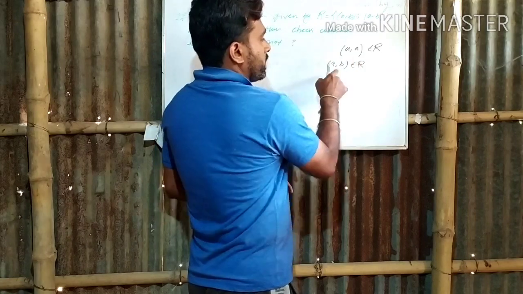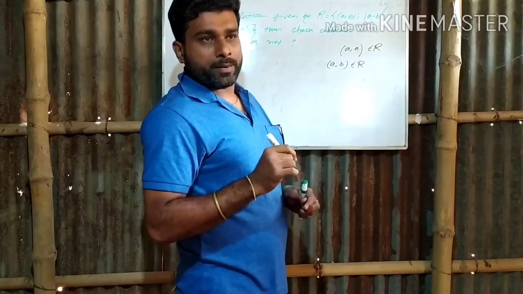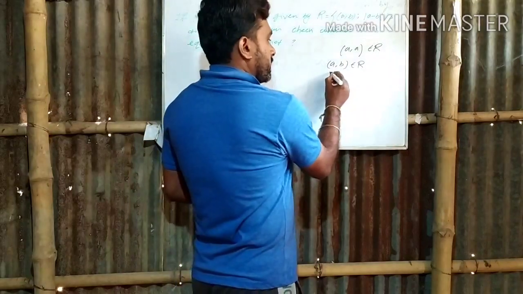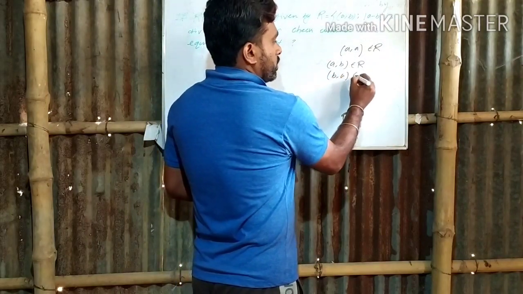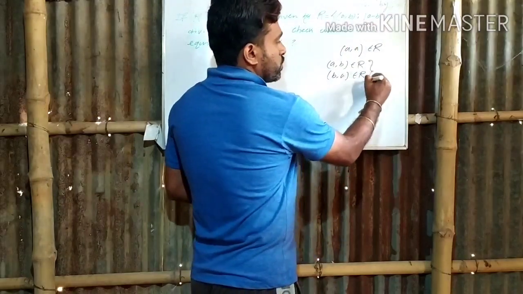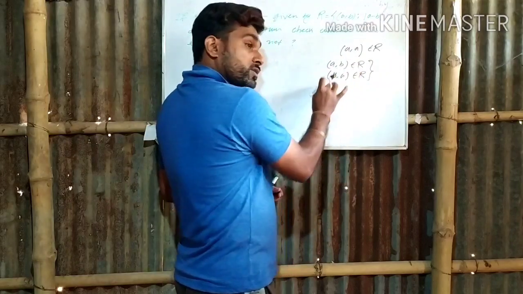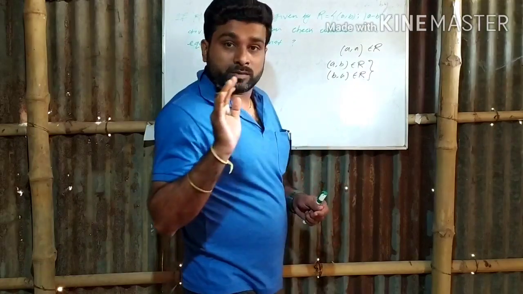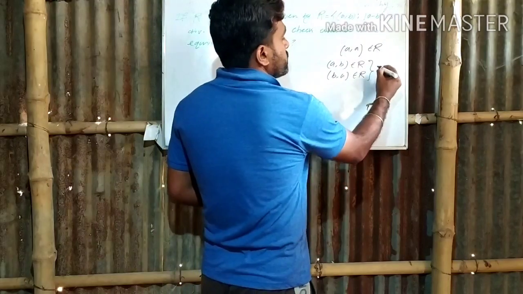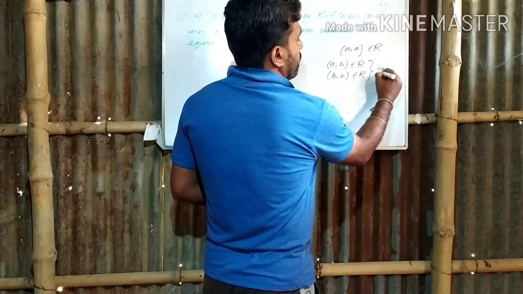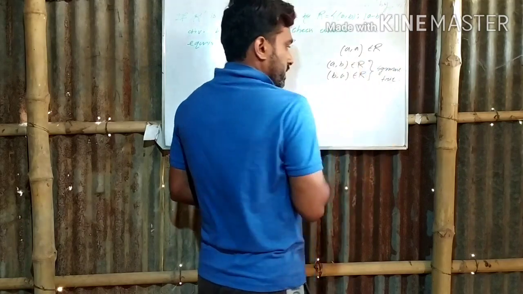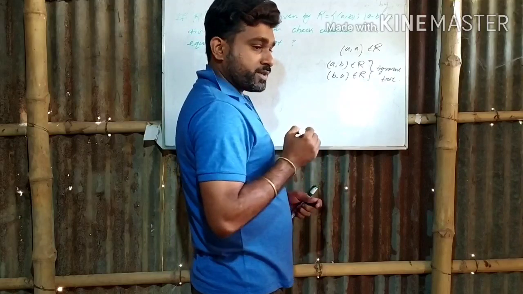If any ordered pair (a, b) belongs to R, and in the same relation set the other ordered pair (b, a) also belongs to R, then combining these two ordered pairs, if both belong to the relation set, this relation is called a symmetric relation.